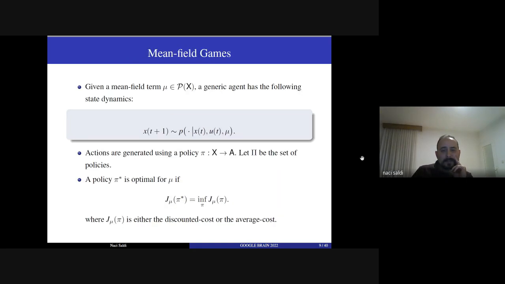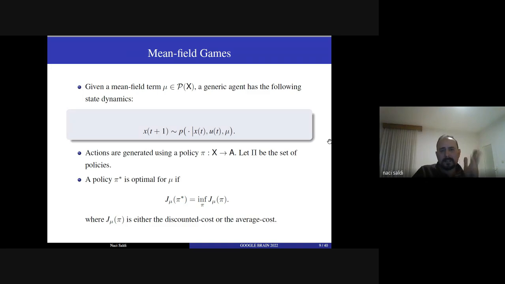Given a mean field term mu, which is the limiting distribution of mean field terms, a generic agent has the following state dynamics. This state dynamics is exactly the same as the one we had for the finite agent setting, but in place of the mean field term, we have its limit mu.